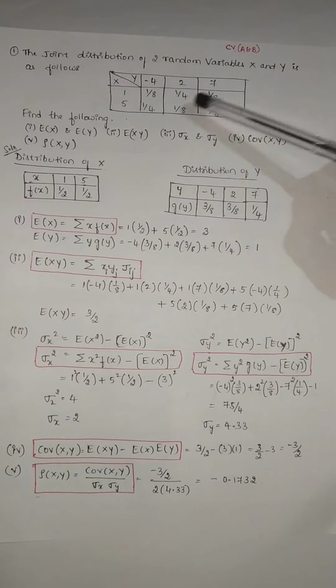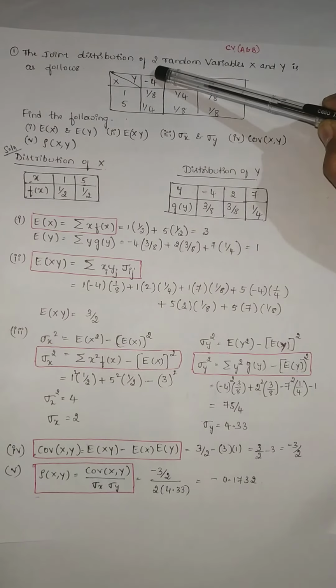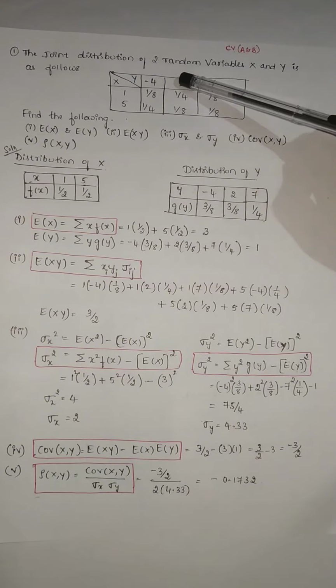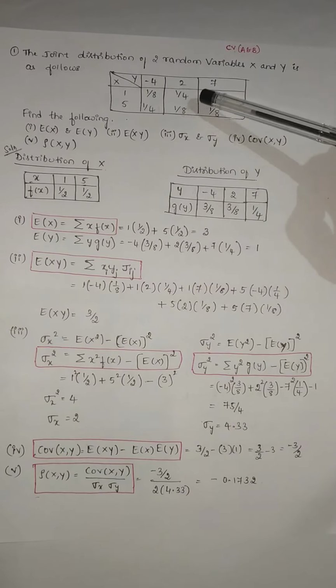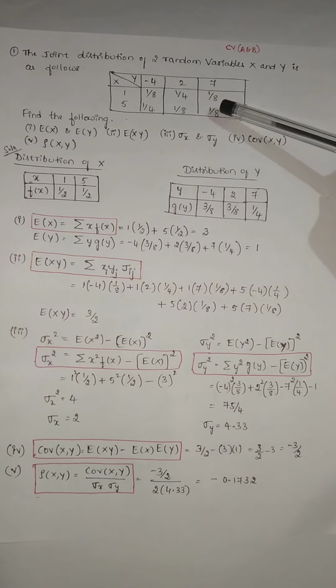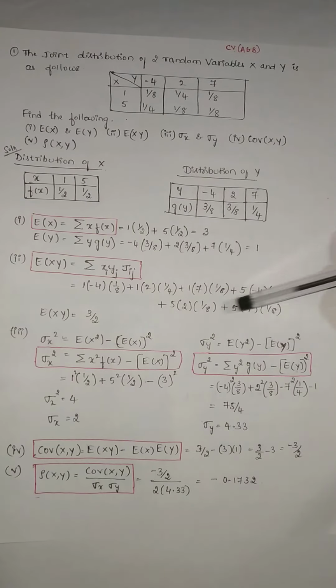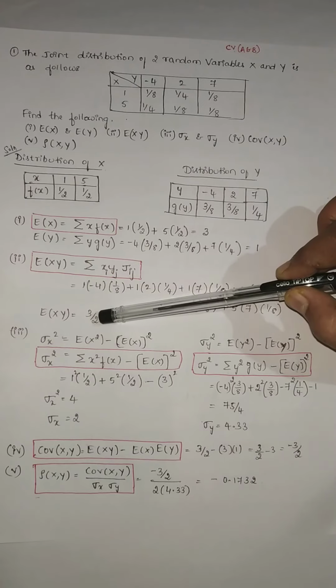In the same way, plus 5 into minus 4 into 1 by 4, plus 5 into 2 into 1 by 8, plus 5 into 7 into 1 by 8. Okay, so you need to simplify and calculate E of xy.